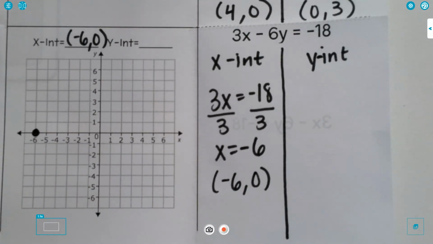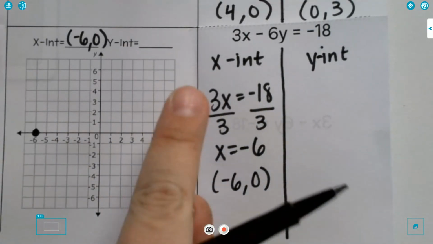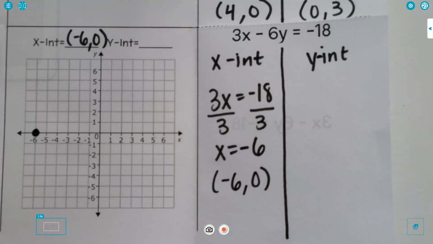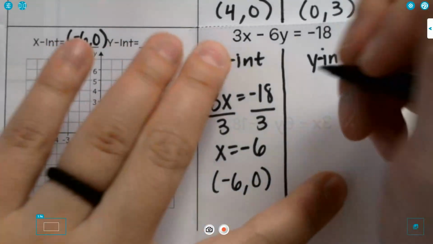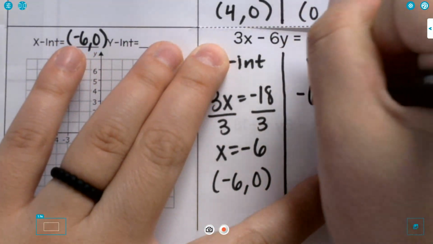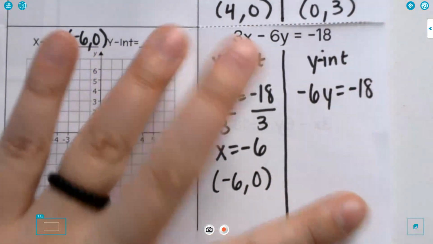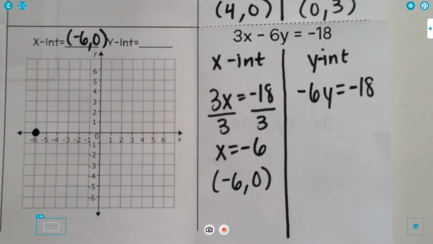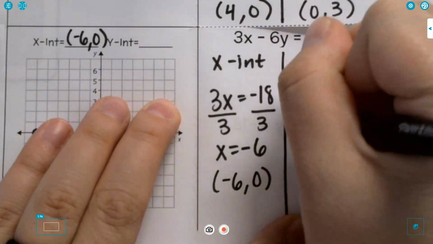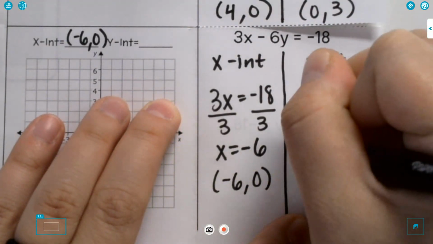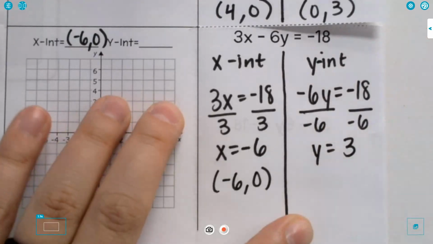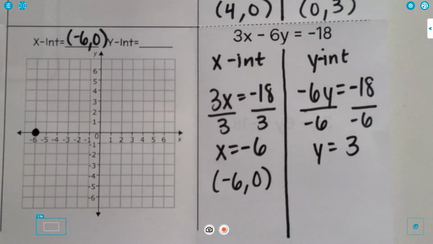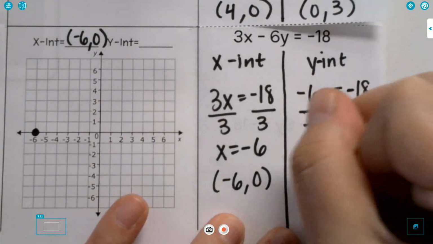Alternatively, my y-intercept, we're just going to eliminate the 3x because we would do 3 times 0. That 6 is still negative, though. So this is going to be minus 6y, or negative 6y, equals negative 18. And then we'll just solve from there. So we'll divide both sides by negative 6. We'll get y equals 3. Because a negative divided by a negative is positive. So that means our y-intercept is 0, 3.